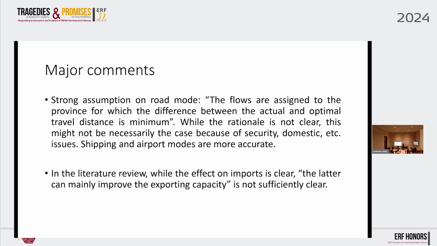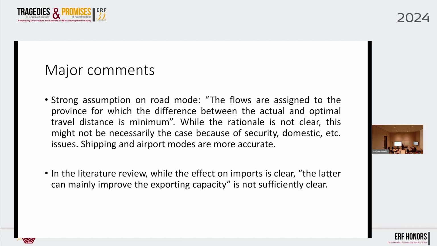We observe this, for instance, at the international level, when trade flows, instead of going through the Suez Canal, had to go through South Africa, because even if it was not optimal, it was more secure. So I was wondering to what extent this assumption behind assigning the minimum travel distance is realistic compared to the observed trade flows that we have.